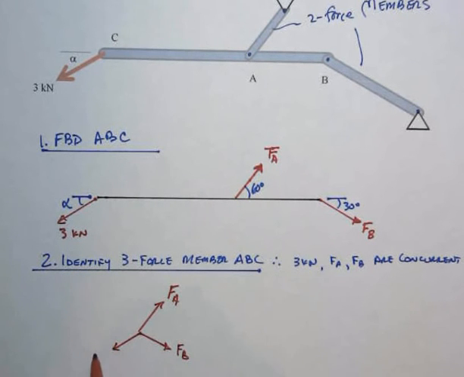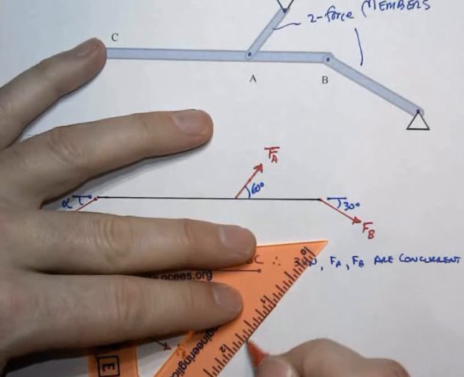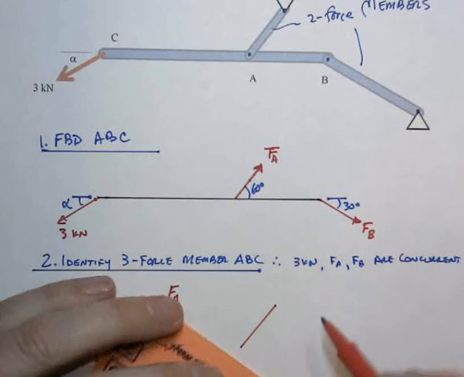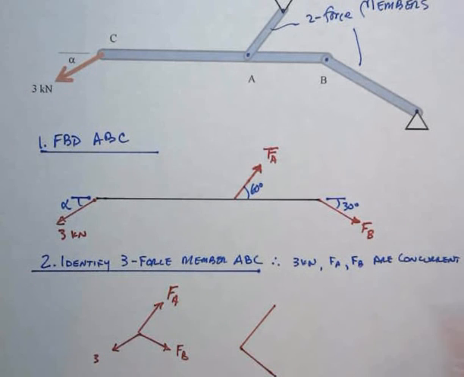I know angles of inclination of some of these, right? So now I could draw my F sub A as a 60-degree line. I've got F sub B at 30 degrees. Don't know its magnitude yet at all.